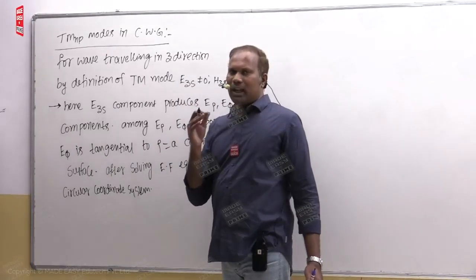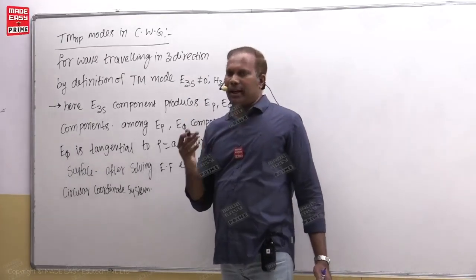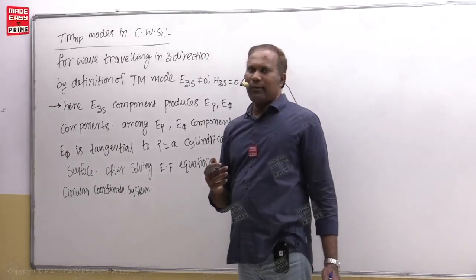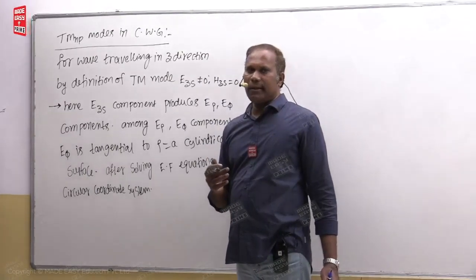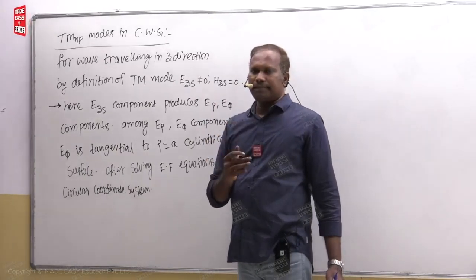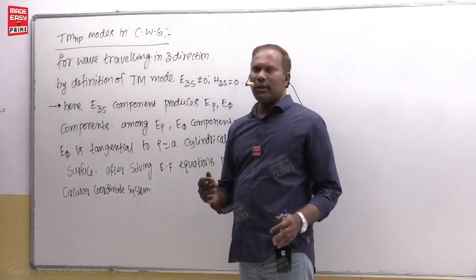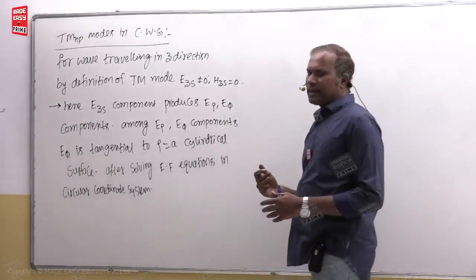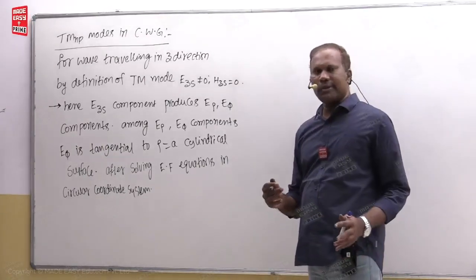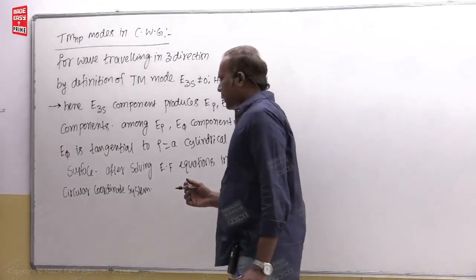Same procedure, you take Maxwell equations and the del cross E formula, you write in circular system. Del cross E formula is 1 by rho, determinant of a rho a phi a z, dou by dou rho, dou by dou phi, dou by dou z, and e rho e phi e z. You solve that, then you will be getting the Bessel functions, and no need to do all the solutions. I told you in rectangular coordinate system also no use of solving the equations, that is wastage of time only.